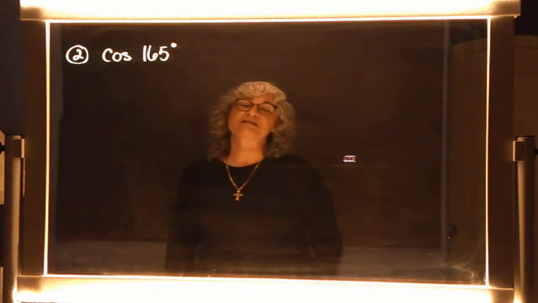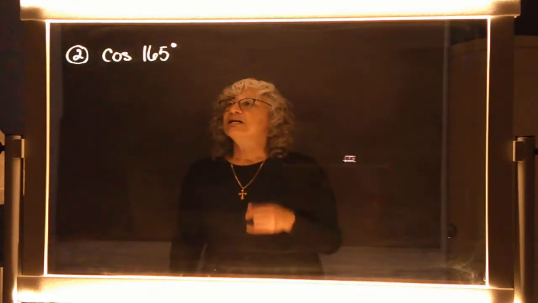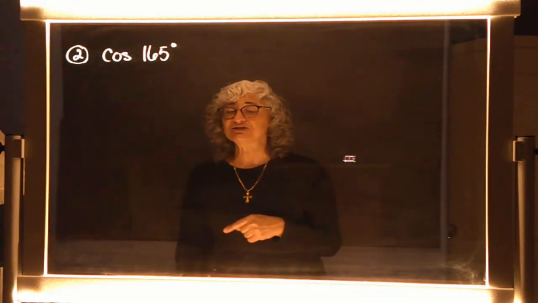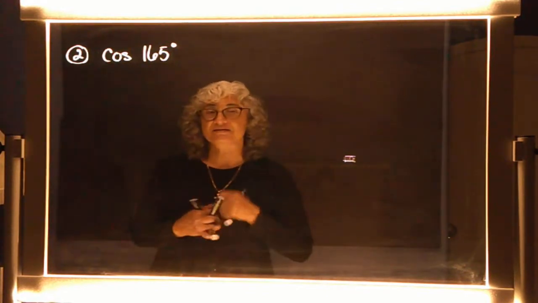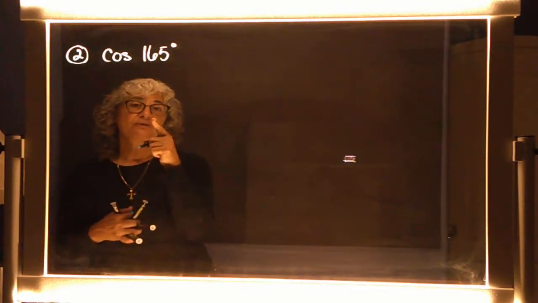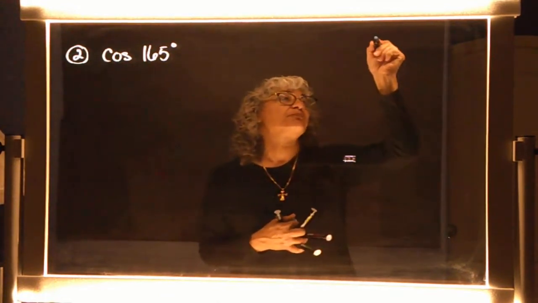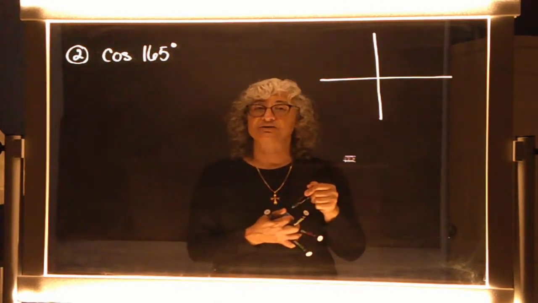Okay, so let's look at this next problem. They're asking me to find the cosine of 165 degrees. And so some of you are going, okay, is that a typical angle? Here's how you're going to find out. Let's find out what the reference angle for this is. 165 degrees is in which quadrant?